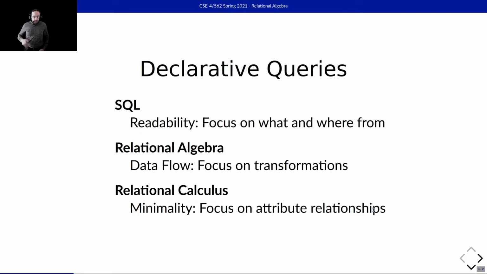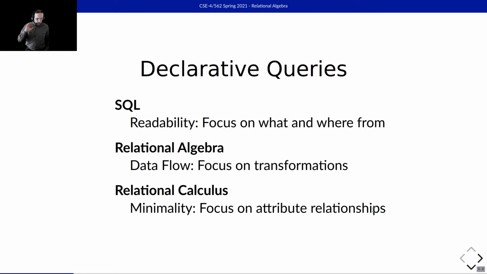And relational algebra essentially looks at data flow: how does data go through, what kind of transformations is it subjected to as it achieves a particular query result? Relational calculus is a simpler, more mathematical way of modeling expressions. And here the idea is mainly to look at interrelationships between attributes.